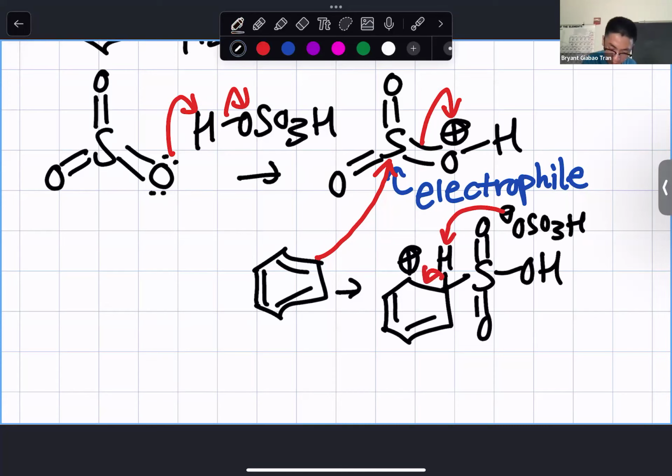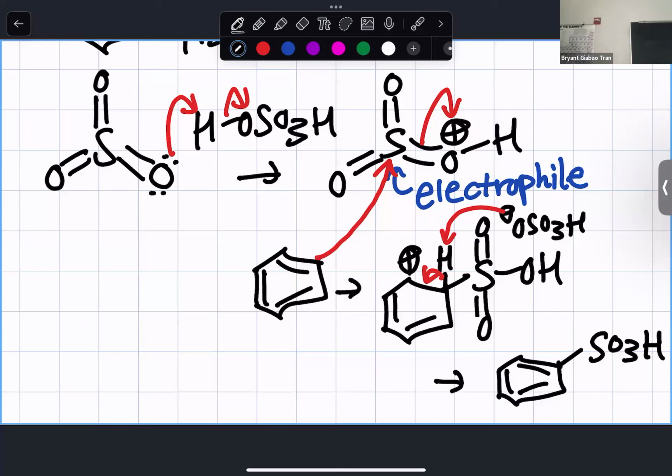That will give us this reformed aromatic ring here. This is the SO3H group right here. And because oxygen is more electronegative than sulfur, that makes sulfur the partial positive charge and the EWG. So this SO3H here is an EWG, or a meta director.